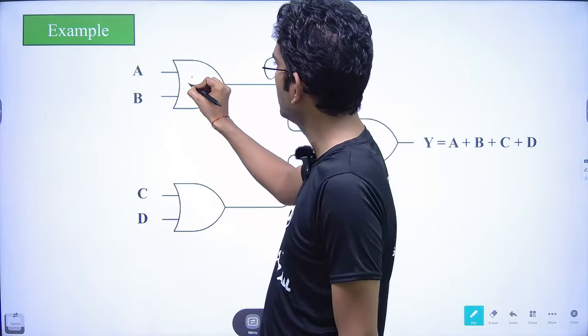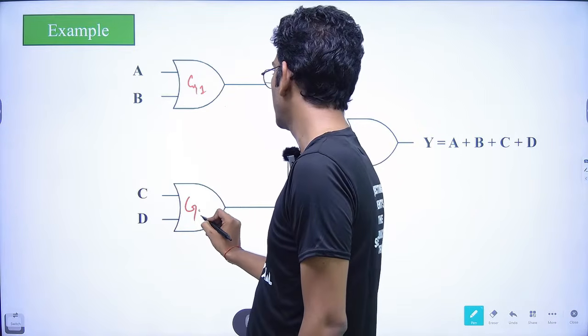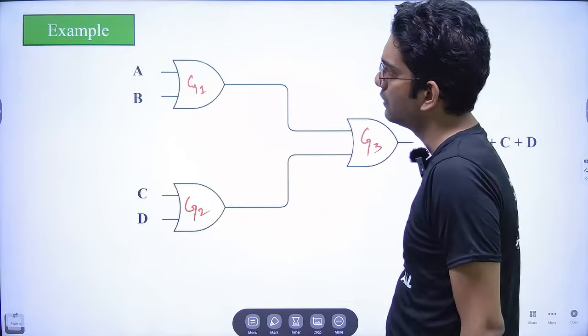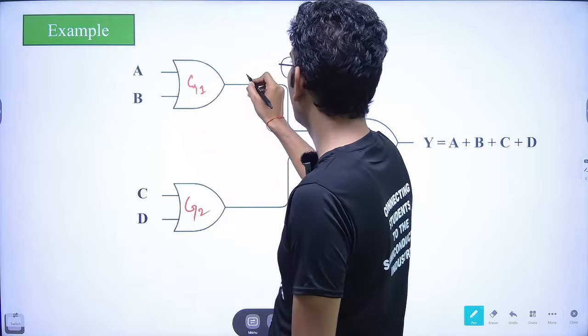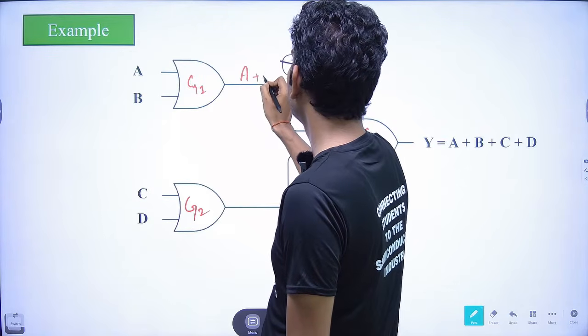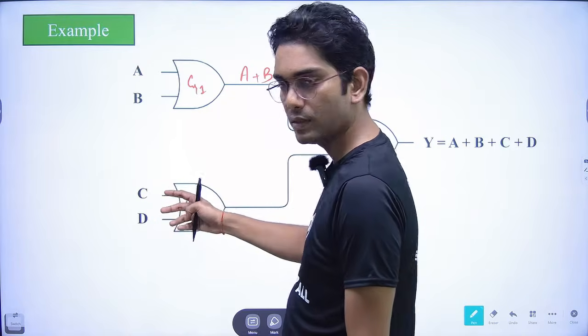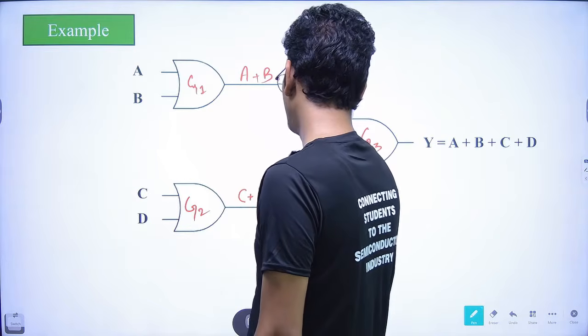Let us suppose this is gate 1, this is gate 2, and this is gate 3. So in gate 1, we are providing two inputs A and B. So what will we get? A plus B. Here we are giving two inputs C and D. So what will we get? We will get C plus D.